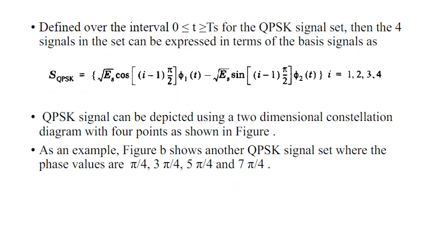The QPSK signal can be depicted using a two-dimensional constellation diagram with 4 points, as shown in the figure below. The figure also shows another QPSK signal set where the phase values are pi by 4, 3 pi by 4, 5 pi by 4 and 7 pi by 4.